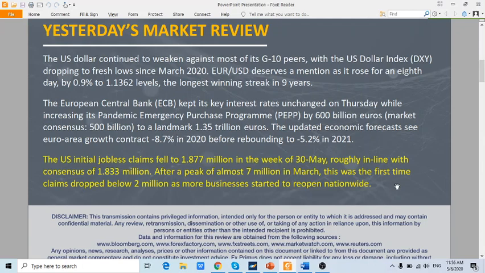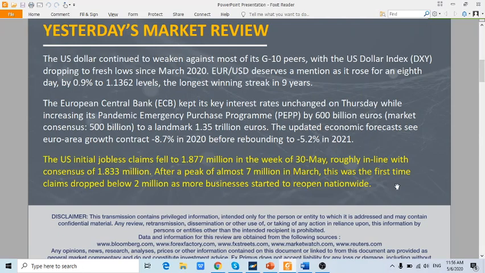Of course, with the US dollar still being weak and the ECB having a meeting yesterday, we can see that the euro dollar continues to strengthen for the 8th consecutive day. We will have a look at the technical chart shortly to understand the euro dollar better. During yesterday's ECB meeting and press conference, they kept their interest rates unchanged at 0%, the base lending rate.